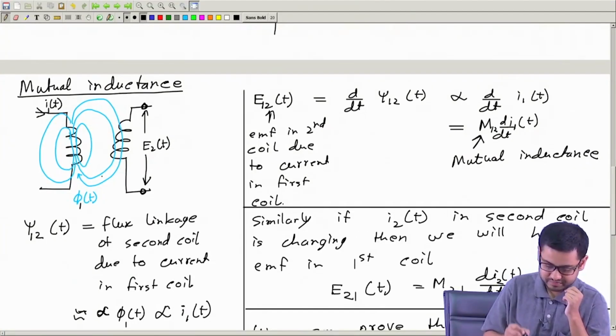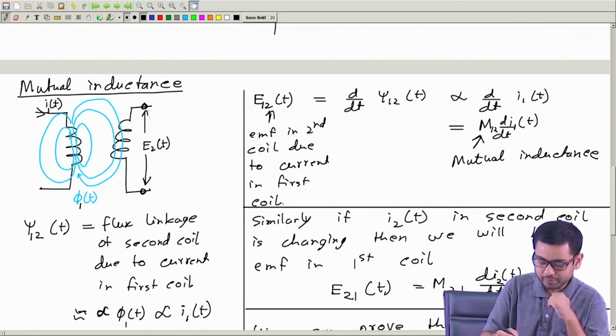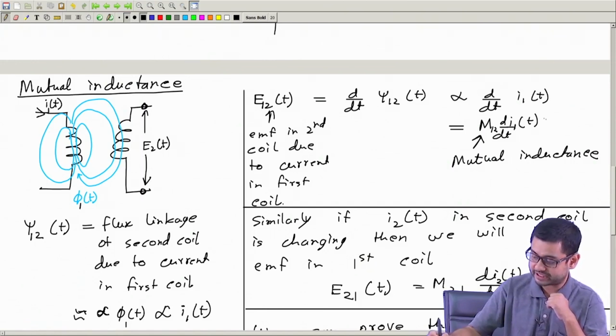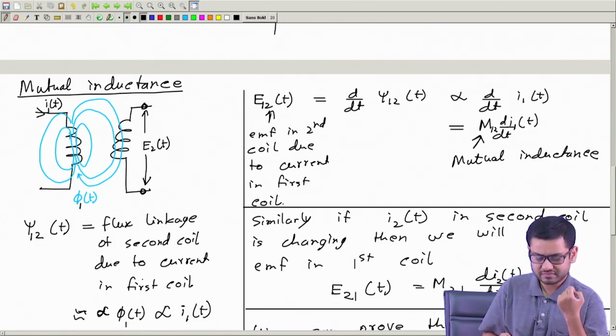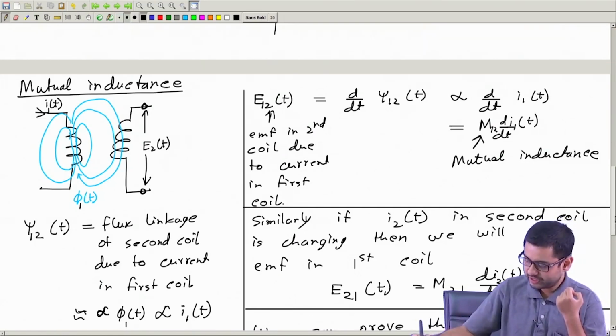Here we know that this current i1 is changing, therefore we have this EMF E2 induced across the second coil, whose magnitude is given by this term. But what will be the polarity at any instant, say at t equal to 0? Which side will be positive, this side or this side? So that's the question.